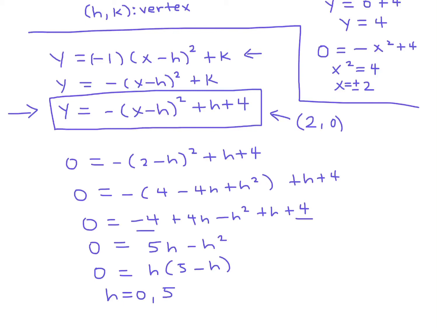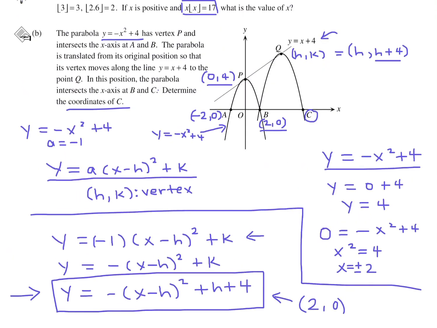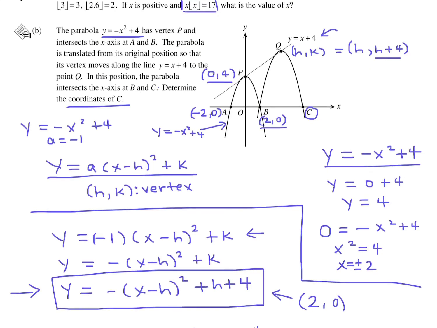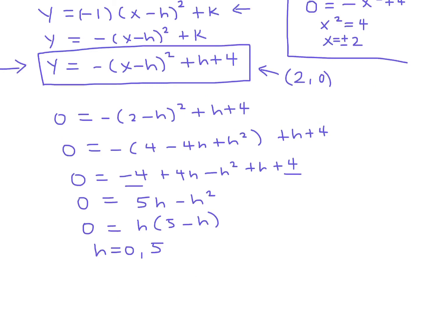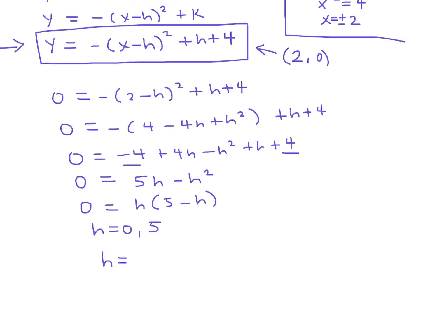Let's go back and see if it's 0 or 5. Well, h obviously from the graph can't be 0. It's got to be 5. So h = 5 is the only acceptable solution.